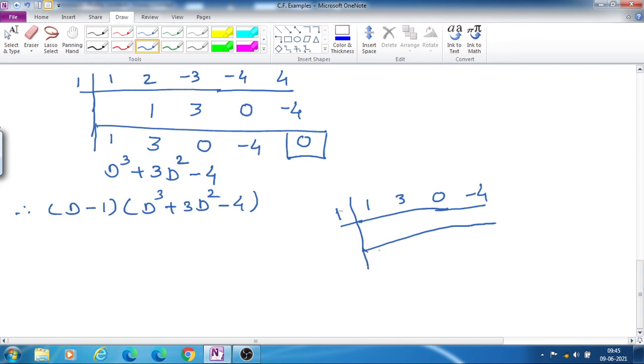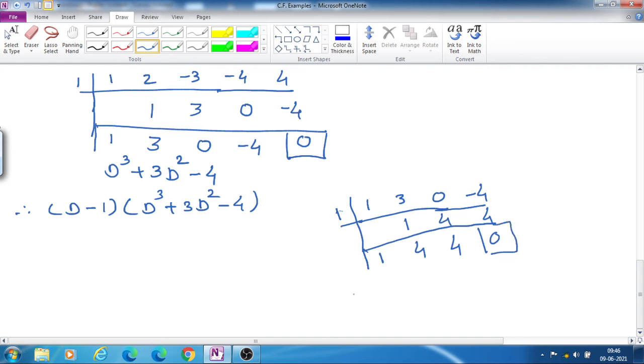First this 1 as it is, 1 into 1 is 1, 3 plus 1 is 4, 4 into 1 is 4, 0 plus 4 is 4, 1 into 4 is 4, −4 plus 4 is 0.